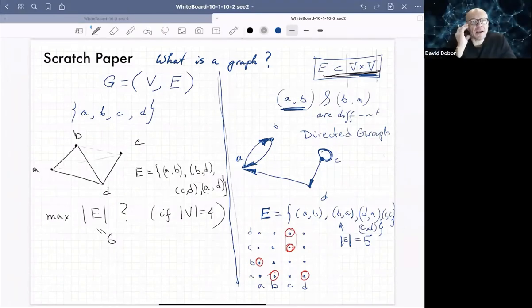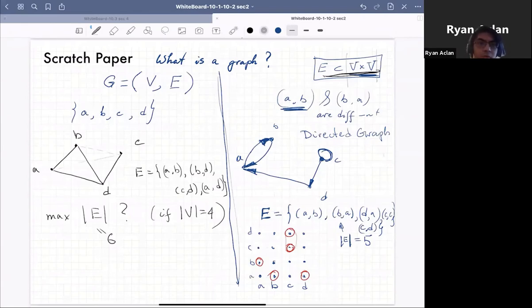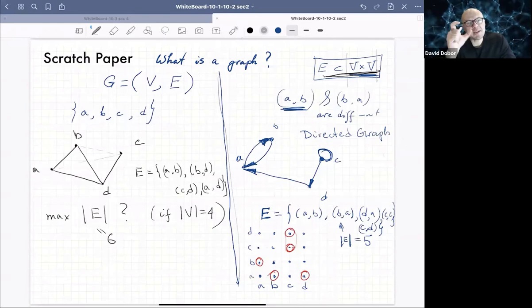Now, an undirected simple graph is one where you have at most one edge between every pair of distinct nodes or vertices. So if you have an edge, just one edge, that's it, or you don't have an edge.